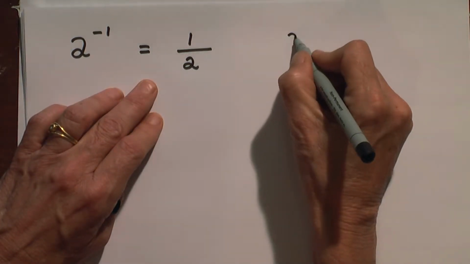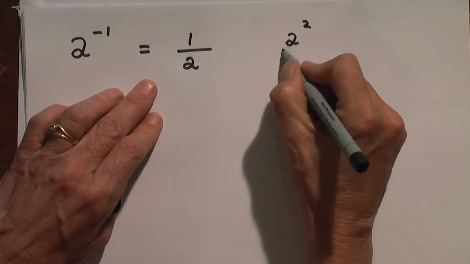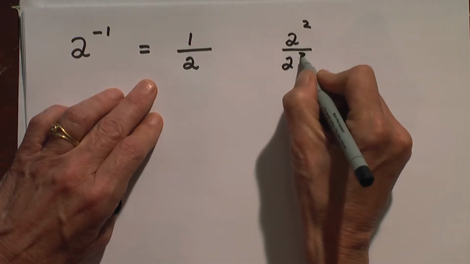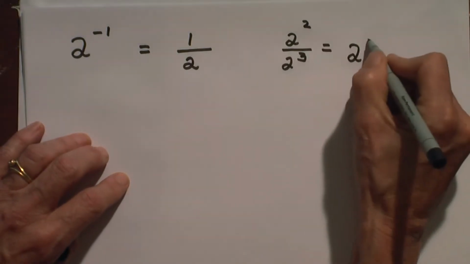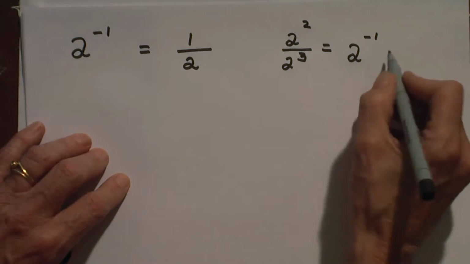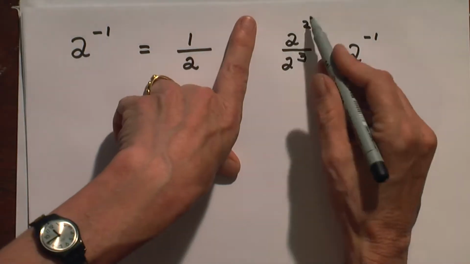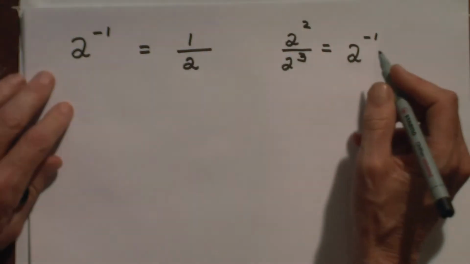Because if I had 2 squared over 2 cubed, by using rule number 2, I would have 2 to the 2 minus 3, which is minus 1, which you can see, if I had cancelled, would be 1 over 2.